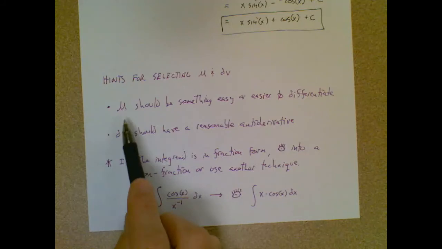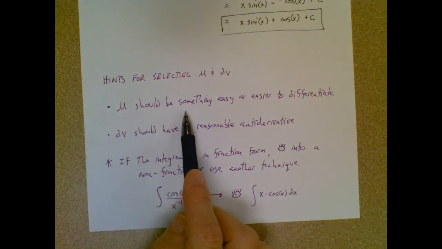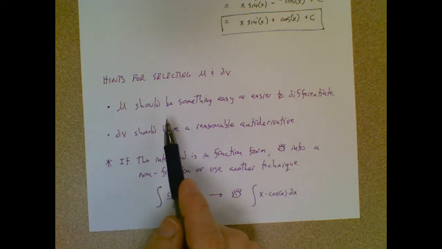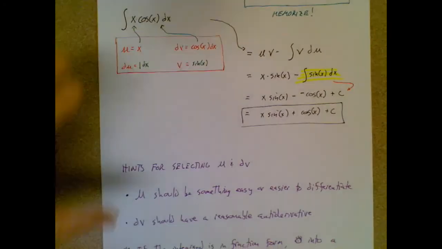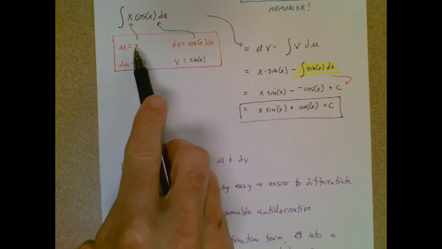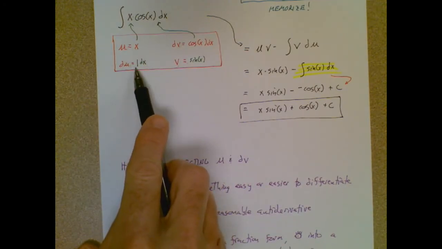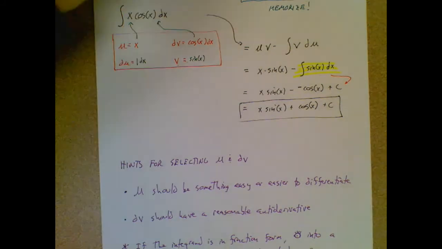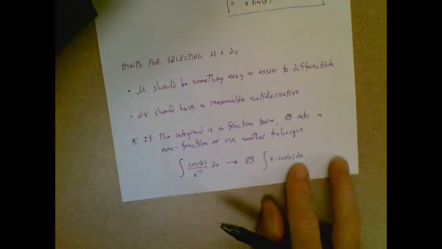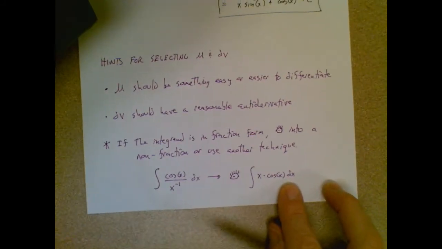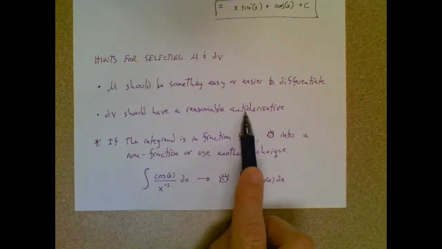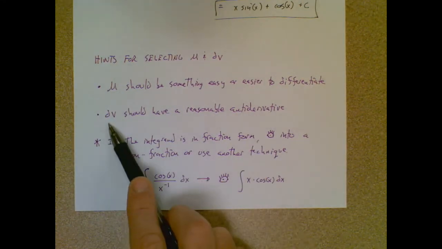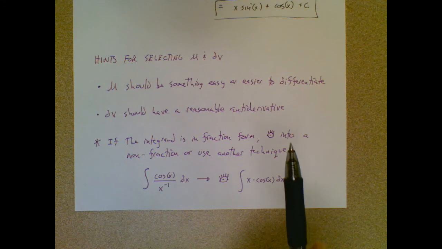First of all, the u should be something that's easy to differentiate, which makes sense because in the formula you're using, whatever you select for u, you have to, right below it, write its derivative. Likewise, your dv should be something reasonable to do an antiderivative of, because you're going to turn your dv into a v in that table up above.